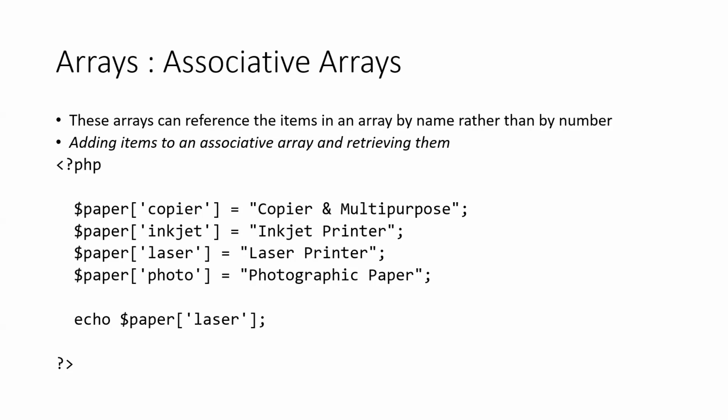So for example, instead of having 0 and 1, we can use copier for copier and multipurpose, inkjet for inkjet printer, laser for laser printer, and photo for photographic paper. In this example, you are going to access the last one, printing only the associative array.